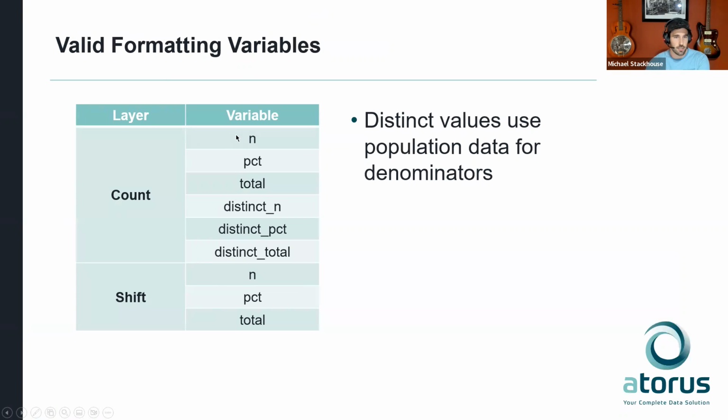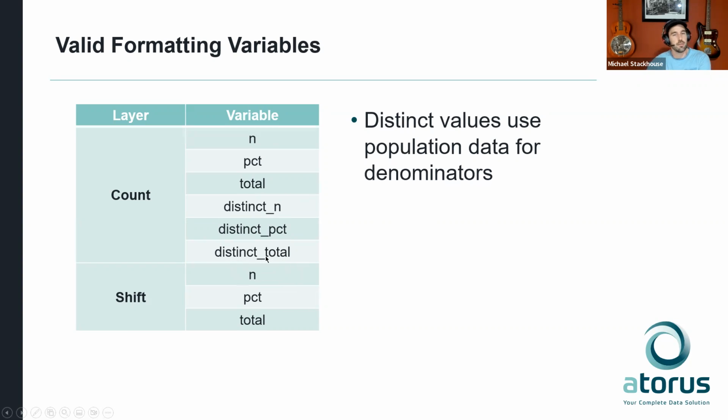It's in the documentation, but for count layers, your formatable values are going to be n, percent, and total, which are non-distinct counts, so what occurs in the data, and then distinct n, distinct percent, and distinct total, which will update depending on your distinct by and be impacted by your population data for the header Ns.